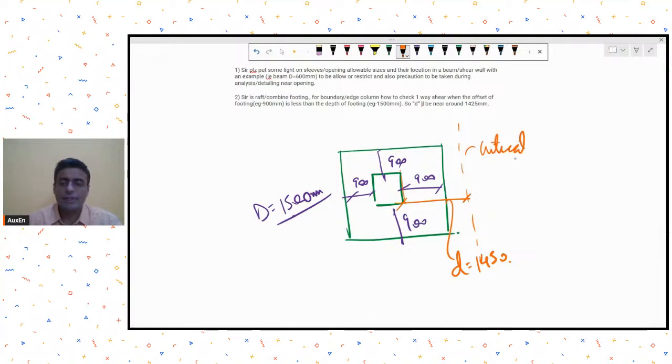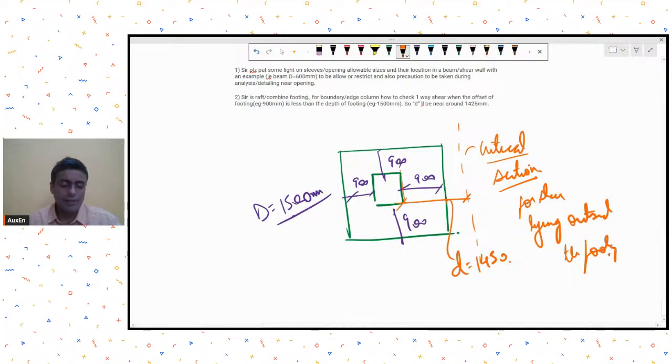So what does it physically imply? Anyone can tell me? If my critical section for shear is lying outside the footing, what does it physically imply? So basically, it implies that shear will not be critical in such a case because this region is already being protected in shear by the presence of this column.